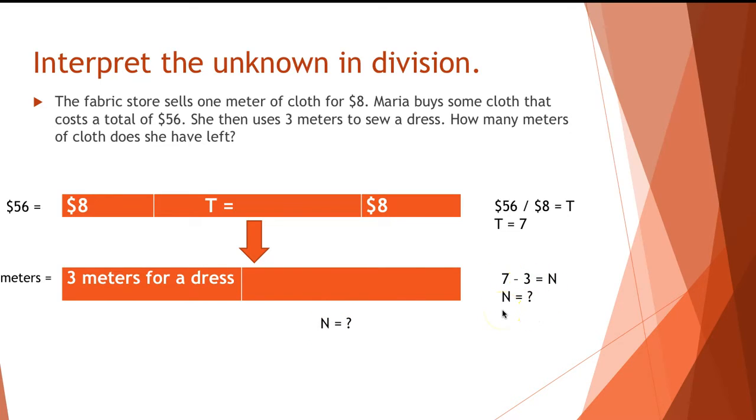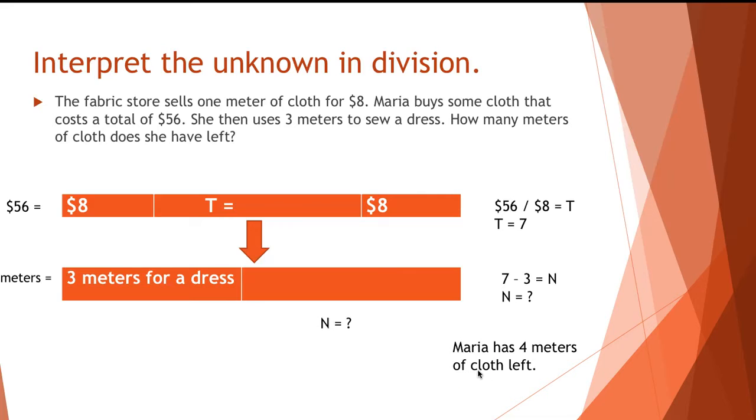What do you get when you do 7 minus 3? Maria has 4 meters of cloth left. I hope you got something similar to me. And if you were to write that in a complete sentence, it would look like this. Maria has 4 meters of cloth left.